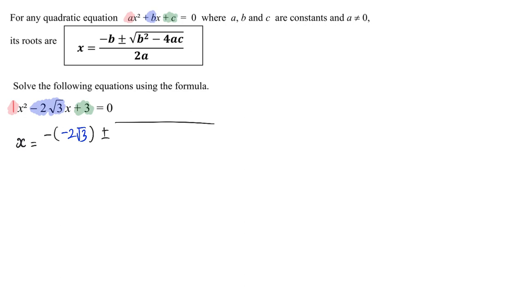Plus minus the square root of b squared minus 4. A would be 1. C will be 3.